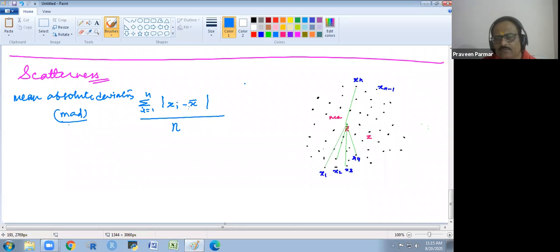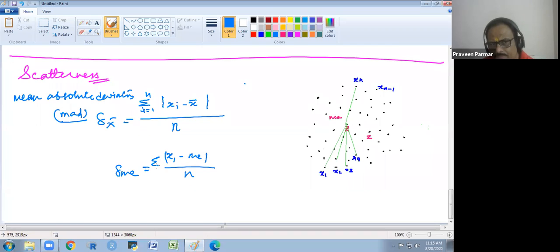This deviation we are taking through the mean. We could also take the deviation through the median, and this is represented by delta x bar. This is represented by delta ME. Similarly, we could take it from the mode also.